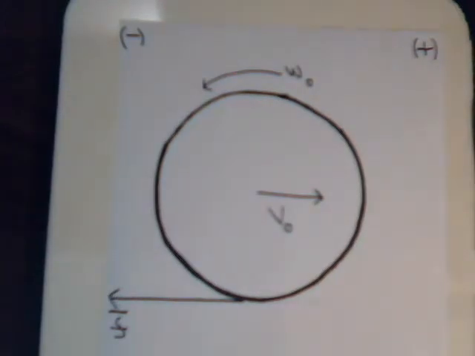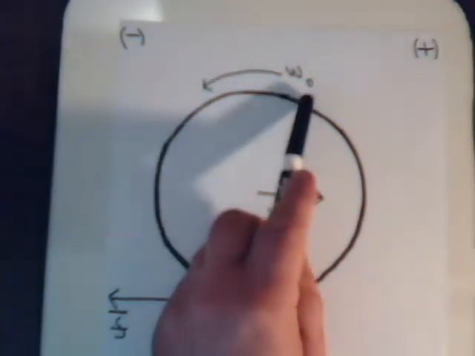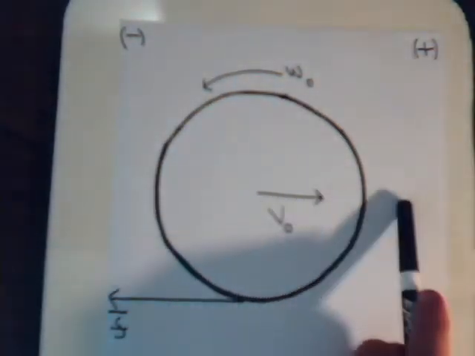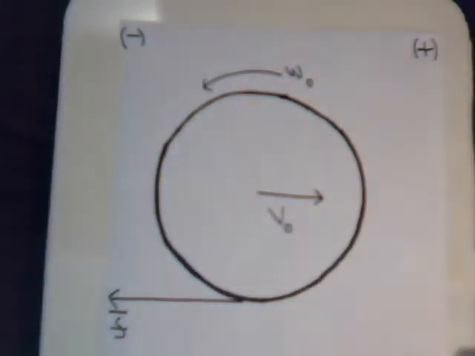Now let's see how we can answer the question, what's the relationship between v0 and omega naught if it just skids across the surface and then comes to a stop? So here's the setup.